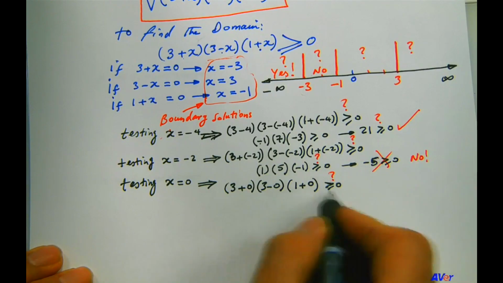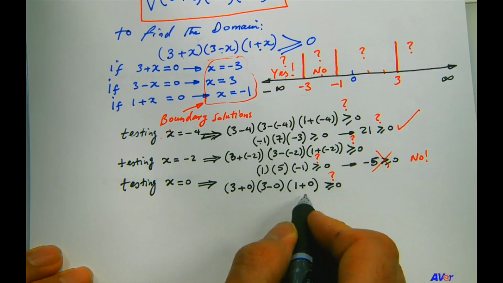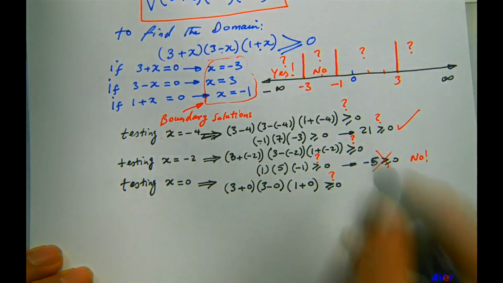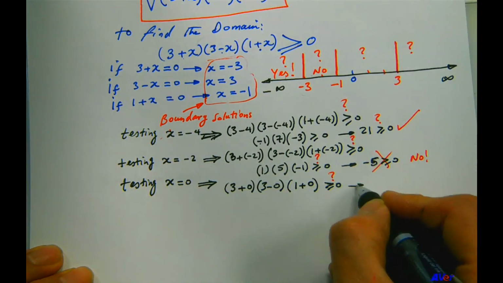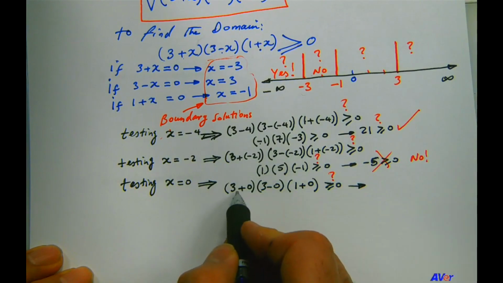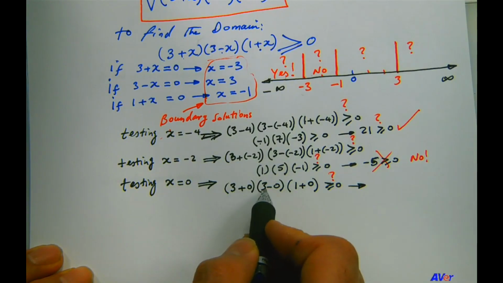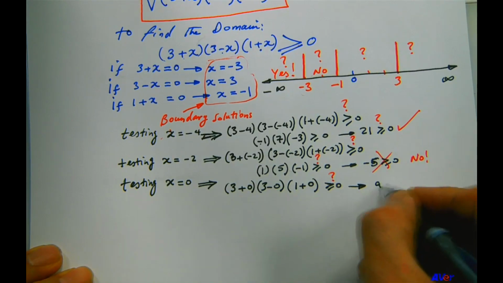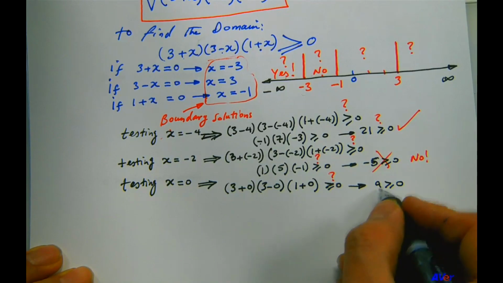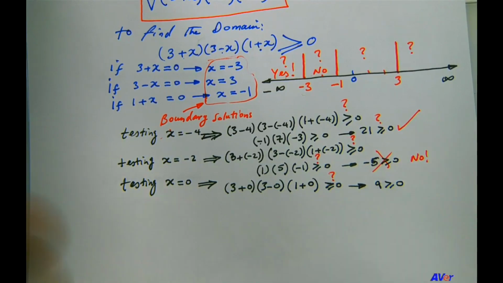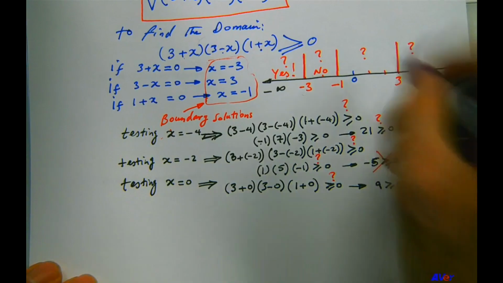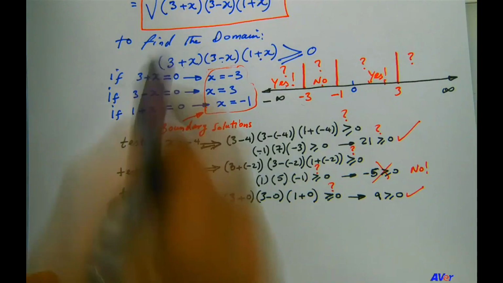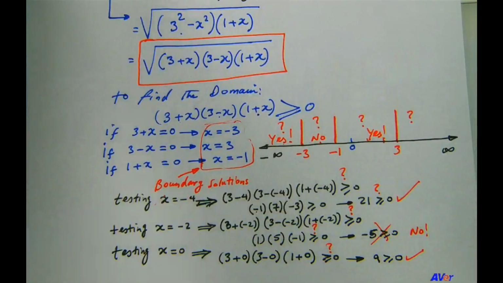We're not saying that it is. How do we ask? Because we're picking test points. We don't know. We're just testing. So we have 3 times 3 times 1, that's positive 9, greater than or equal to 0. Is that a true statement? Yes, this checks out. So this region also is part of the solution of the combined function, not the parent functions.